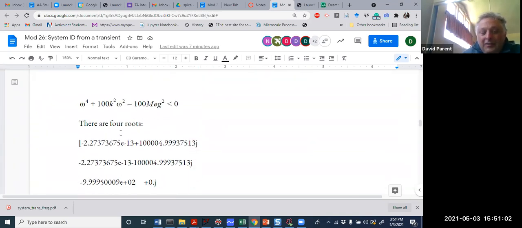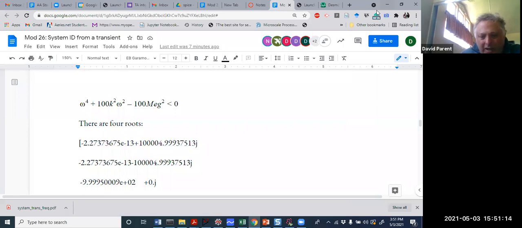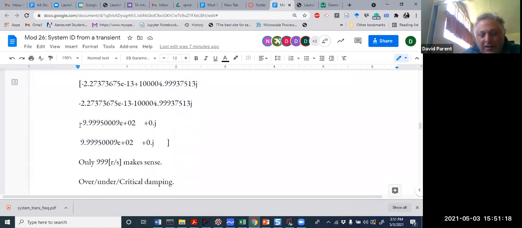But anyway, Python, right? I just put in those constants into a fourth order coefficients and it spits out these roots, right? And so I have something imaginary, a negative frequency, and a positive frequency, which is close to 1K, right? So the only one that makes sense is the one that's 999 radians per second.